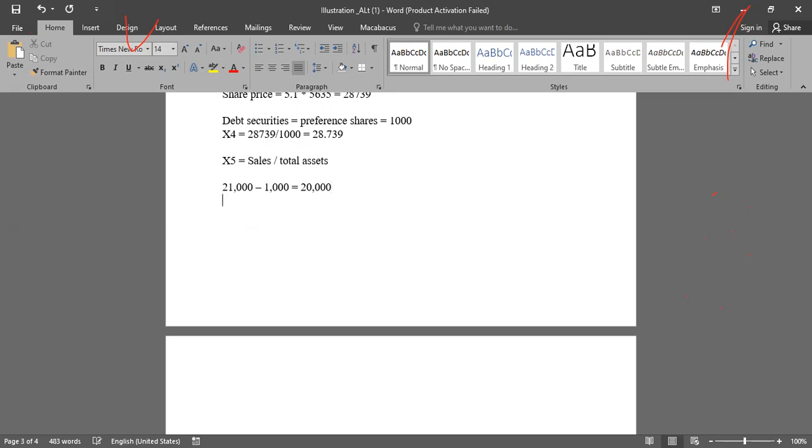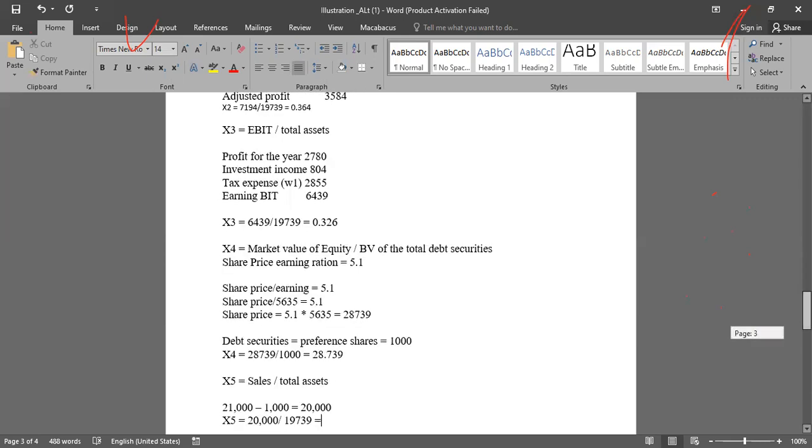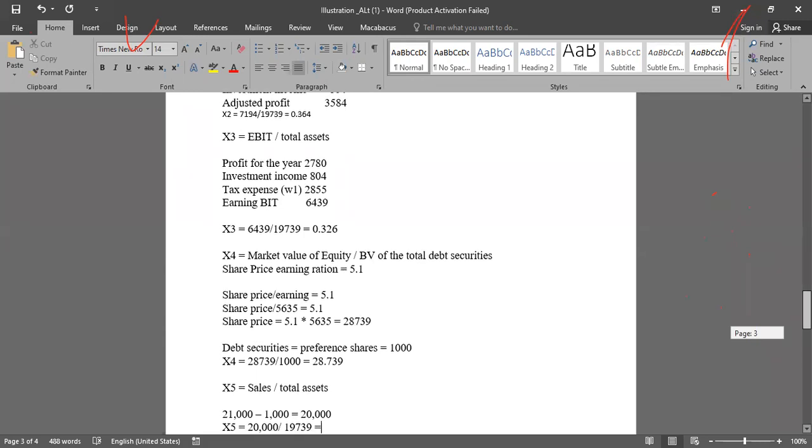And therefore, my X5 is going to be equal to the sales, which is 20, divided by total assets, which you got as 19,8739, if I'm not mistaken. Yeah. So what answer do you get? Kindly share. 719.